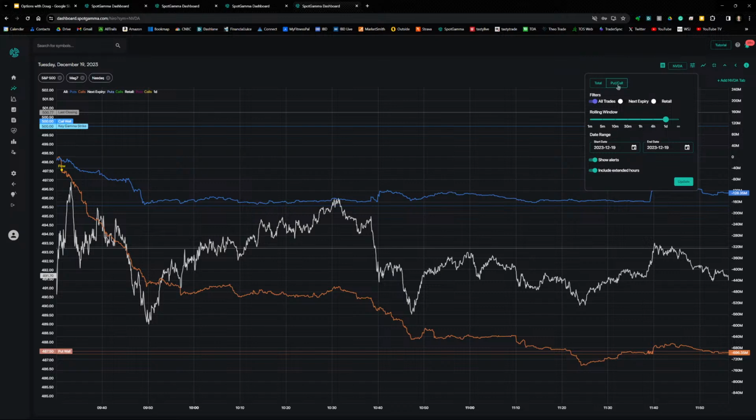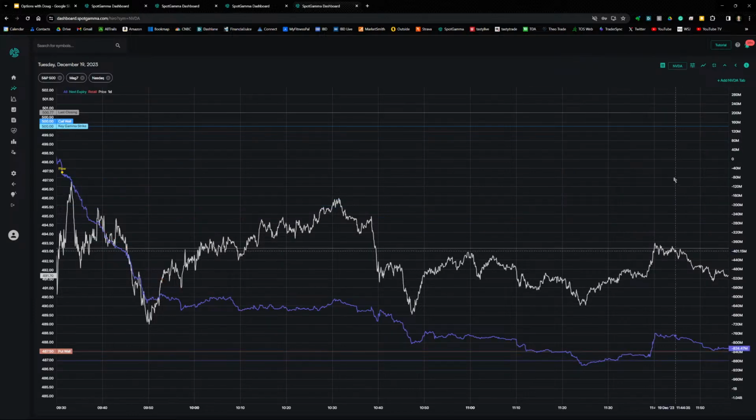And they were selling calls. That's shown by the falling orange line. Not doing much with puts, but definitely selling calls. So taking advantage of the recent move up in NVIDIA to sell calls.